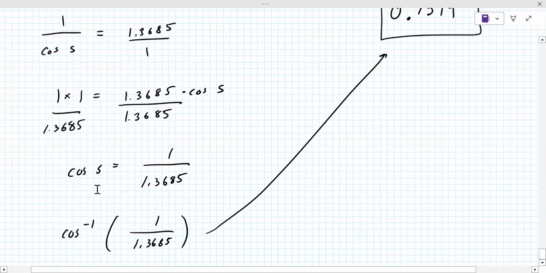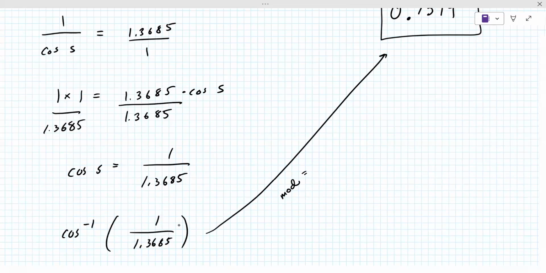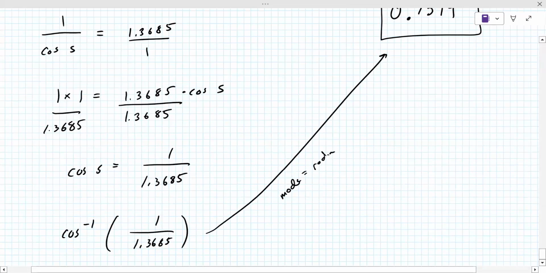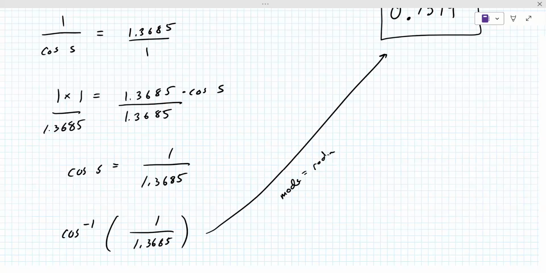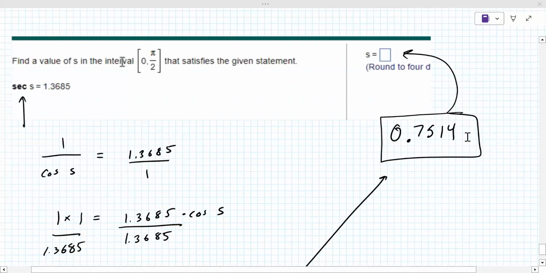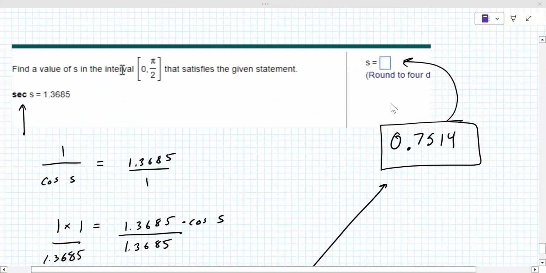And then you get cosine on one side, which is 1 over the original, and then you take the cosine inverse of that. It has to be in radian mode. Okay, I kind of get it. Wait, what was the answer again? 0.7514. It's just rounded to 4 decimal places.